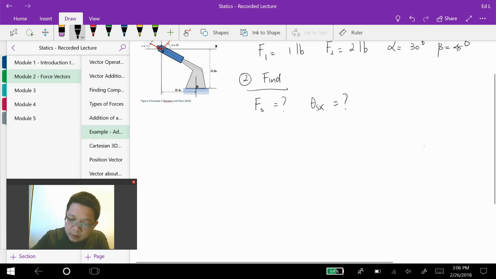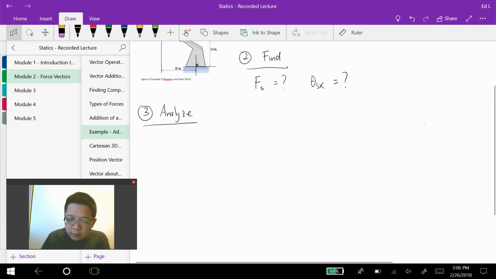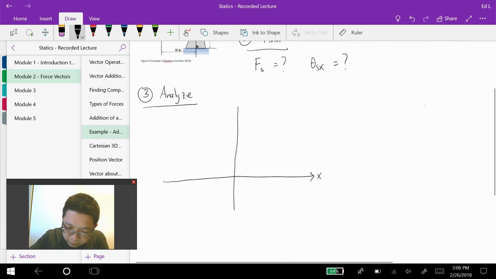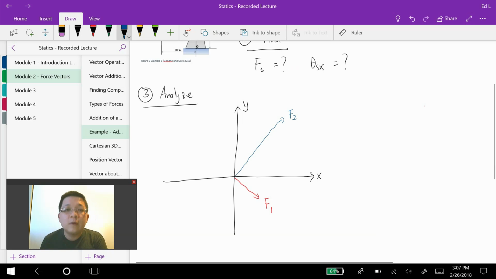Okay, so let's perform the calculation. It's always a good idea to resketch everything. So this is my x-axis, this is my y-axis, and then I have my force F1 right there, and then I have my force F2 right there.